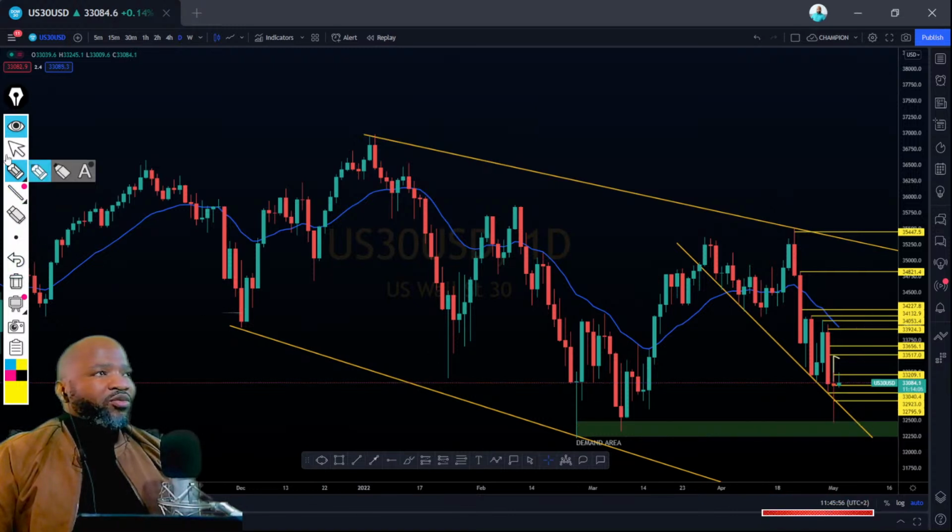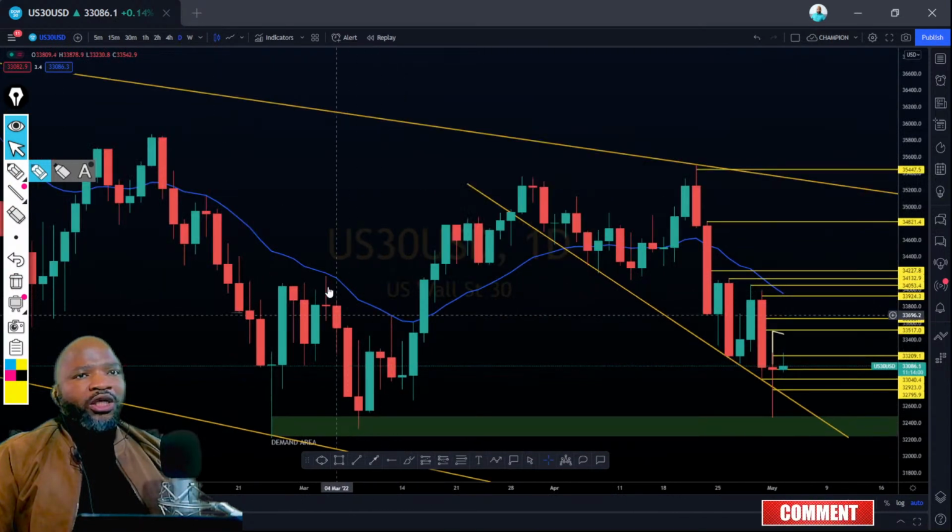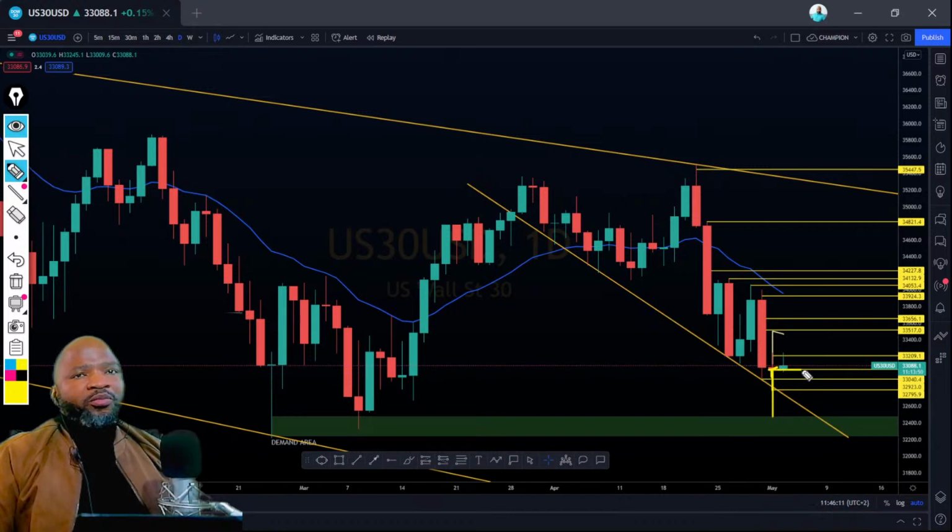I wanted to zoom in. Look at this rejection candlestick, man. Look at the long wick there. The new candlestick is open and it's about to be bullish.